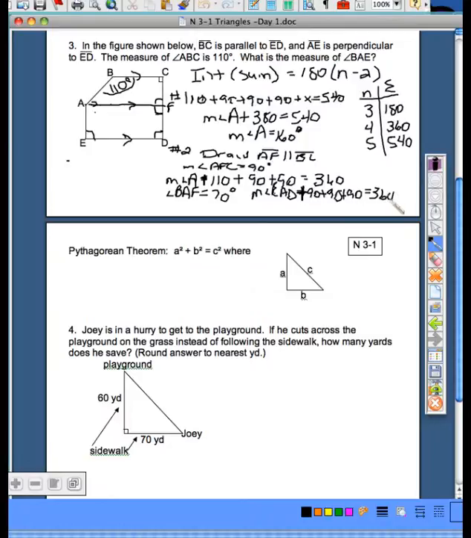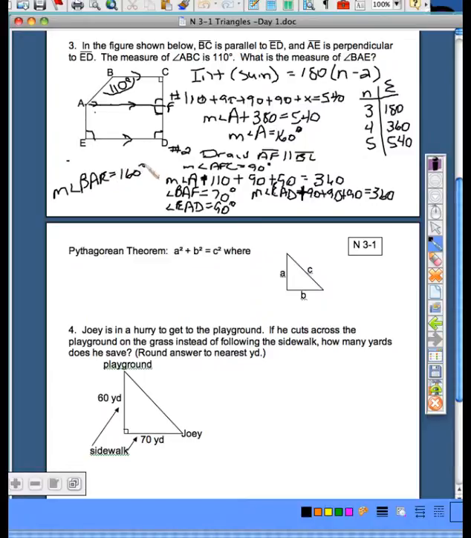Subtract 270 from 360 and we find the angle EAD is equal to 90 degrees. And so the total is still 160 degrees for BAE, which is what we were asked to find. So the measure of angle BAE is 160 degrees.